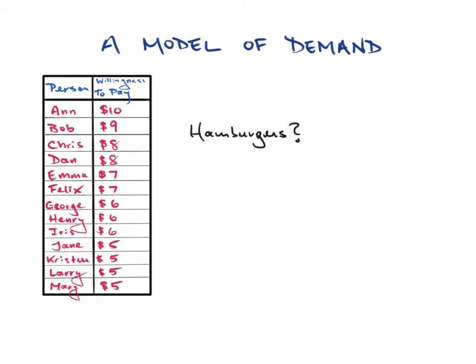And everyone has a willingness to pay. I kind of think of this as being based on how much happiness you get from eating a hamburger. And I do think of happiness as something that we can kind of measure with money, that we can say dollars worth of happiness. Okay?